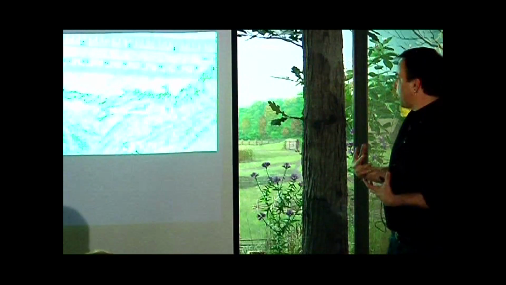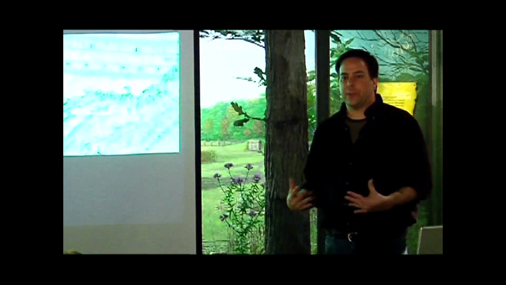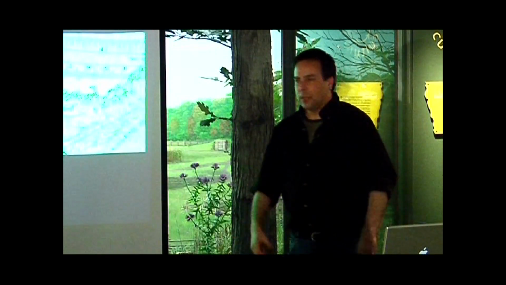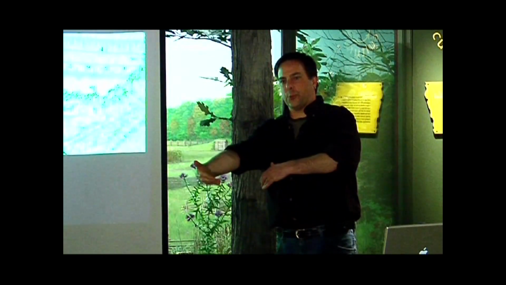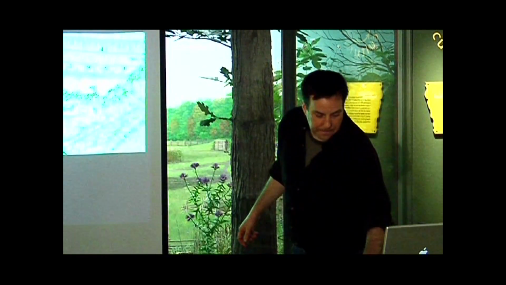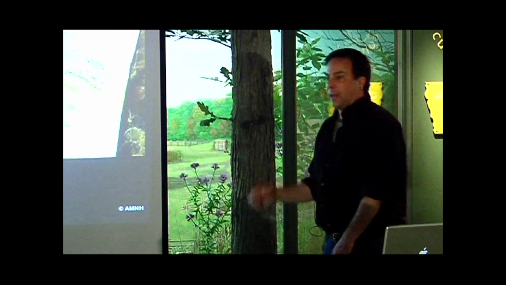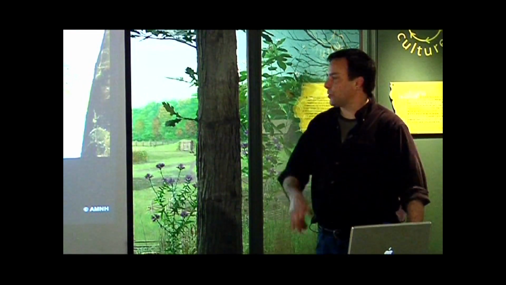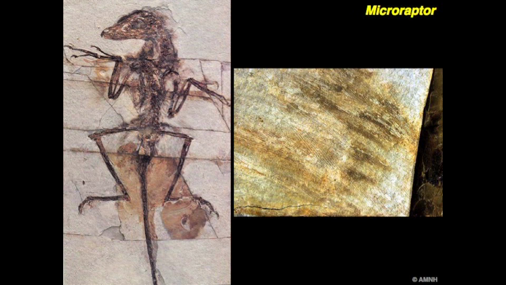And these, we believe, are the precursors of feathers. So we have a small feathered theropod, and this is a compsognathid. This is a little dinosaur that's a little bit further down the tree than tyrannosaurs. And then more recently, we've actually got dromaeosaurids. This is Microraptor. It's a small velociraptor relative. And this thing doesn't just have fuzz, it has feathers.